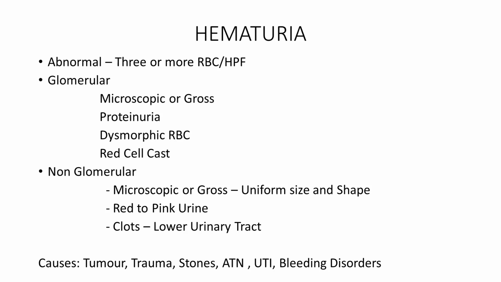But if you find a uniform size and shape of RBCs, it may be microscopic or gross. It can be a red or pink urine, or there might be clots in the urine. These are mostly the urological causes of hematuria, like obstruction, stone disease, etc. The other causes of hematuria are tumor, trauma, stones, acute tubular necrosis, UTI, and bleeding disorders.